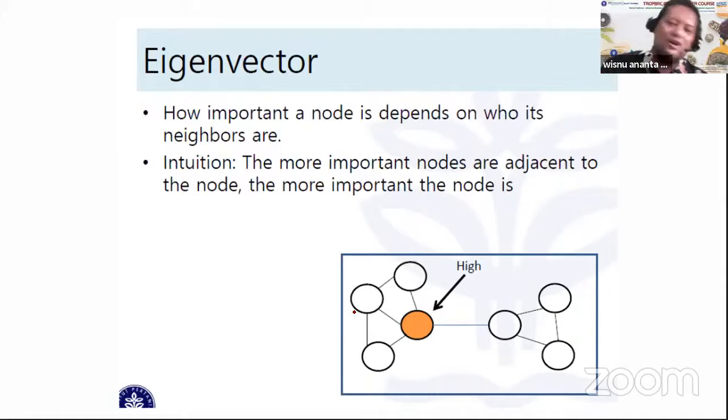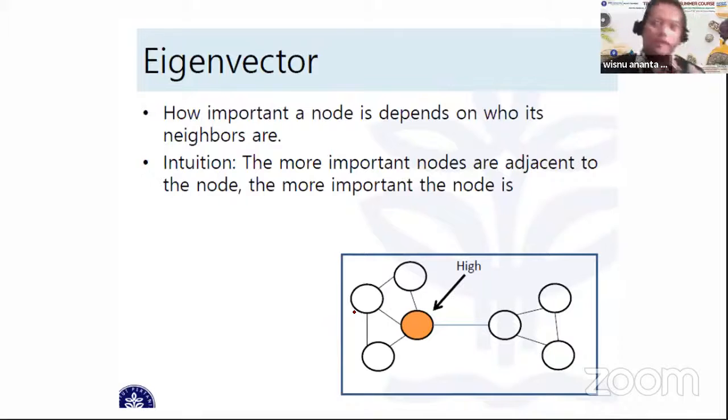Our neighbors are very important for us because they are close to us. If you have trouble, they will be the first people to help you. Okay, this is the analogy.